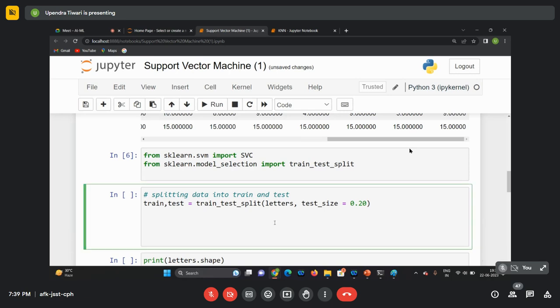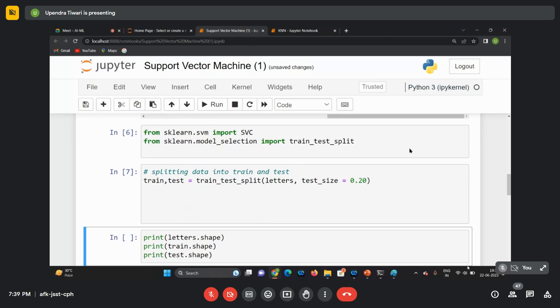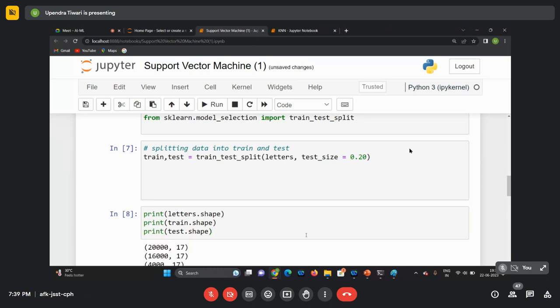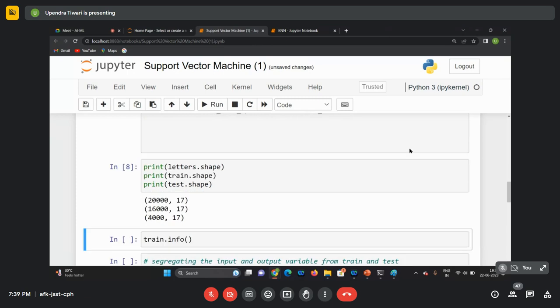The size of the train is 80% and the size of the test is 20%. Of the total 20,000 data points, you got 16,000 for training and 4,000 for testing.